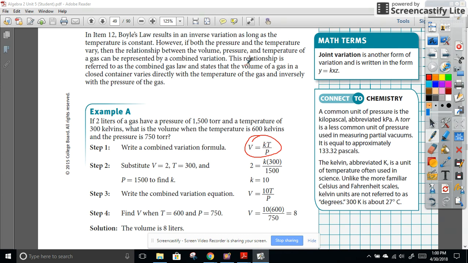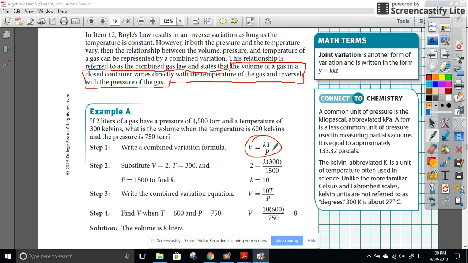This is the part of the sentence that you need. The volume of a gas in a closed container varies directly with the temperature of the gas and inversely with the pressure of the gas.